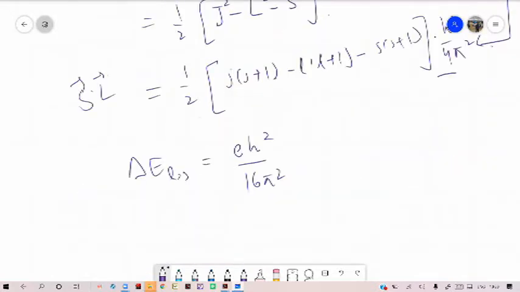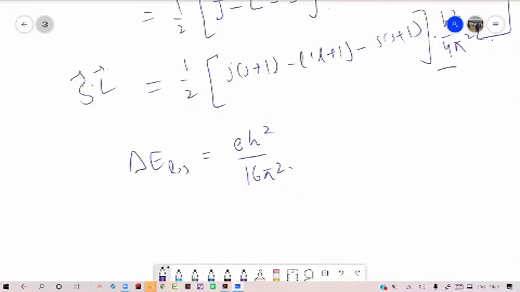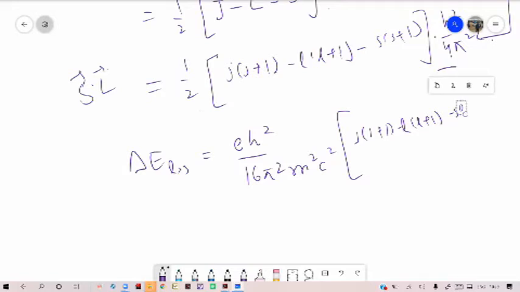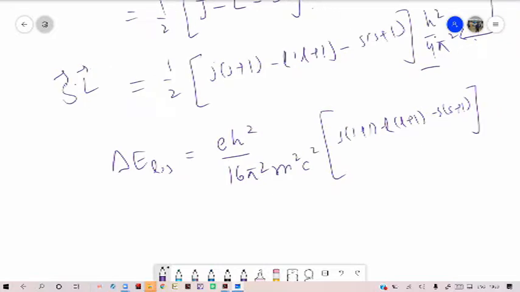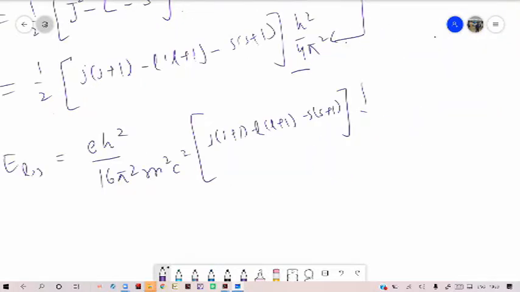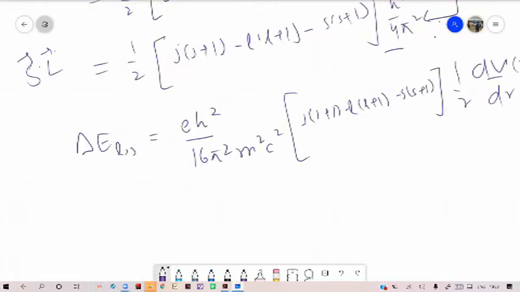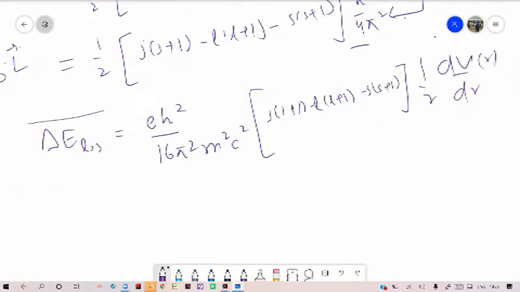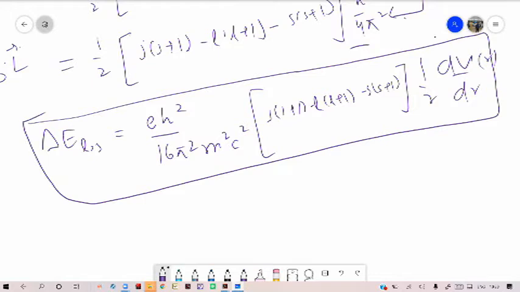So it is 16 pi square m square c square, and in the bracket, J into J plus 1 minus L into L plus 1 minus S into S plus 1, and there's a term from the potential, that is 1 by r dV by dr. This is the expression, which we will modify further.